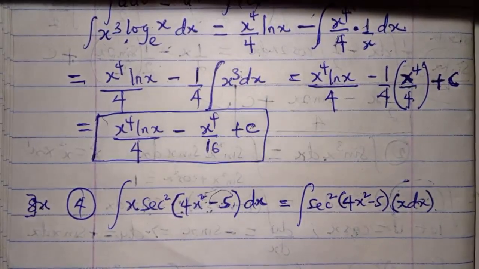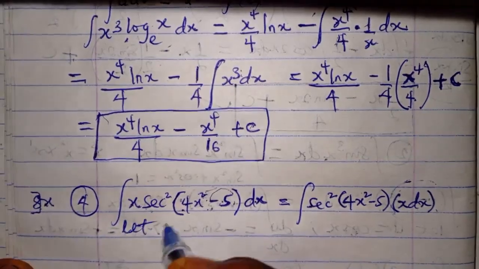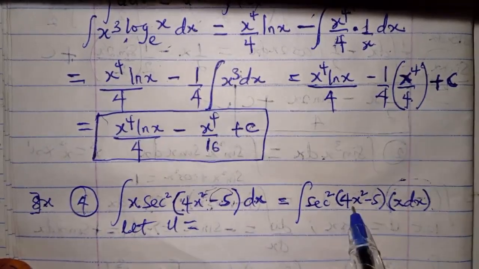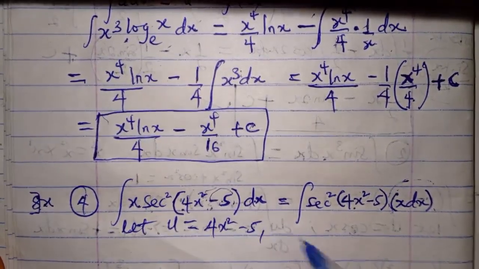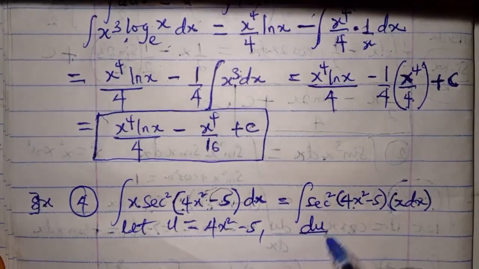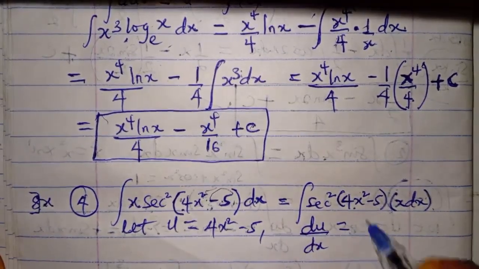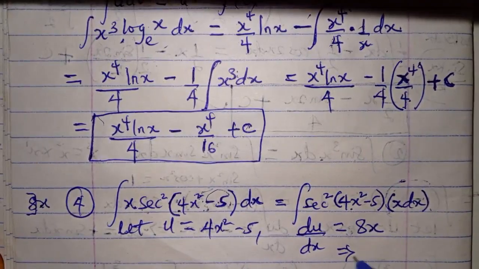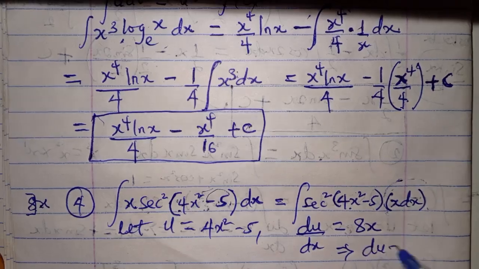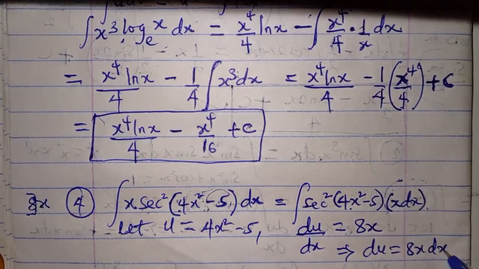I will say let u be equal to this inner function like I said earlier, 4x squared minus 5. If we differentiate the inner function with respect to x, we obtain 8x. And what does this imply? If we cross multiply, du is equal to 8x dx.